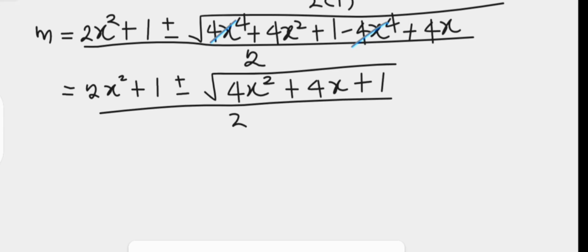The expression inside the square root is a perfect square, 4x squared plus 4x plus 1.